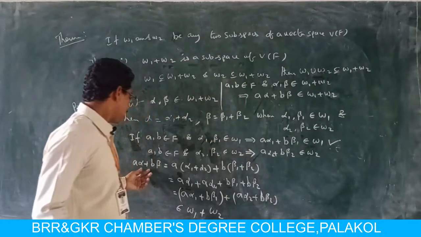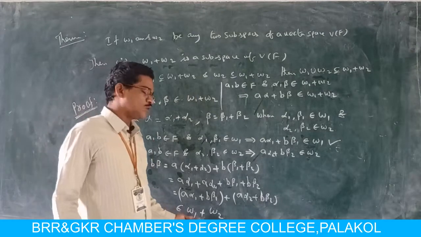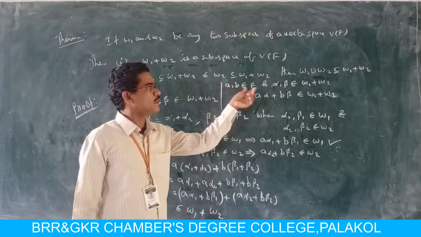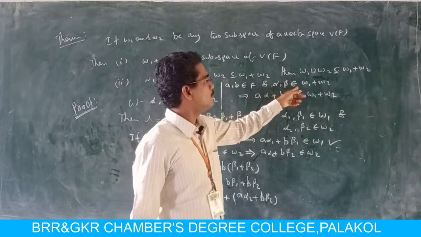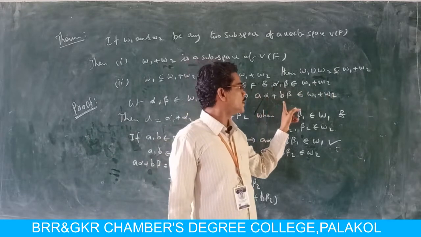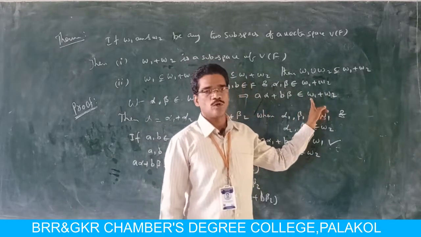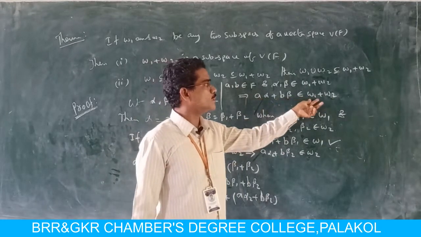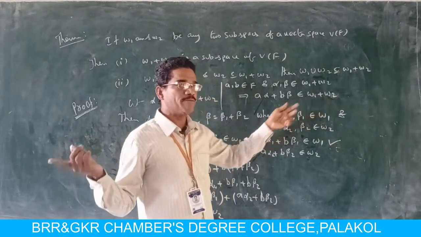Here also a alpha plus b beta belongs to W1 plus W2, then a, b belongs to F and alpha, beta belongs to W1 plus W2, then a alpha plus b beta belongs to W1 plus W2. So a alpha plus b beta belongs to W1 plus W2 by the definition.